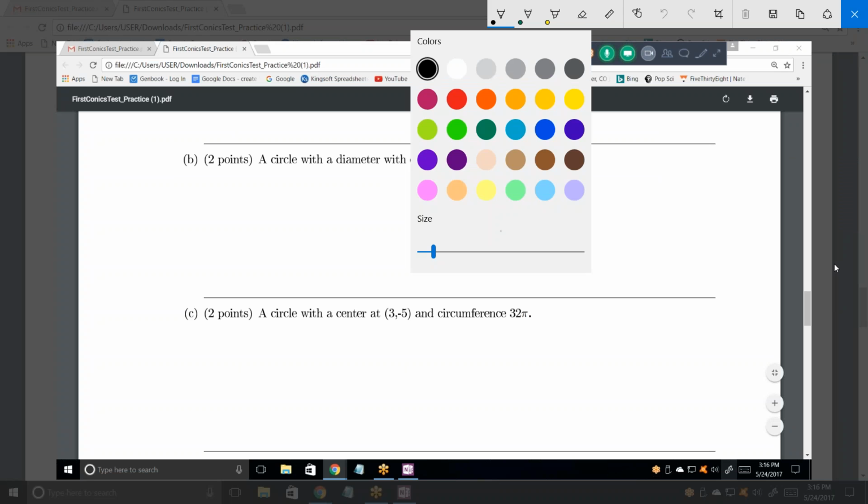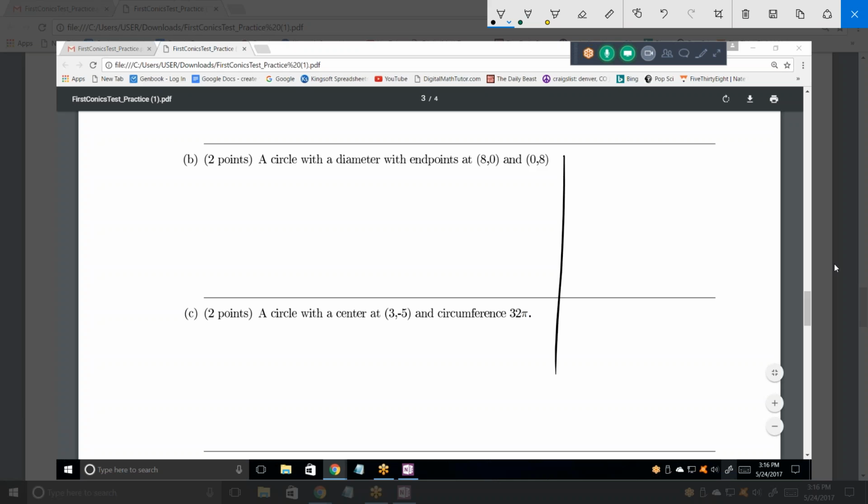Wait, would the center and the radius be at the same spot? First of all I have my diameter. Once I've drawn the diameter, there's only one circle that can go about that.